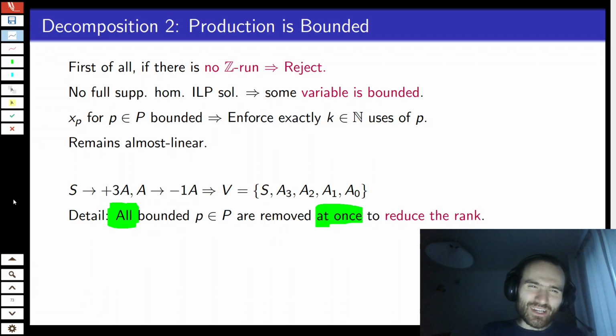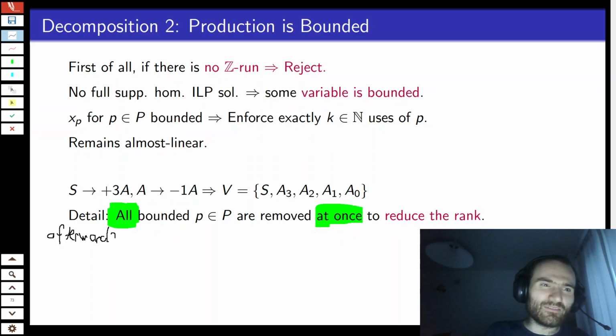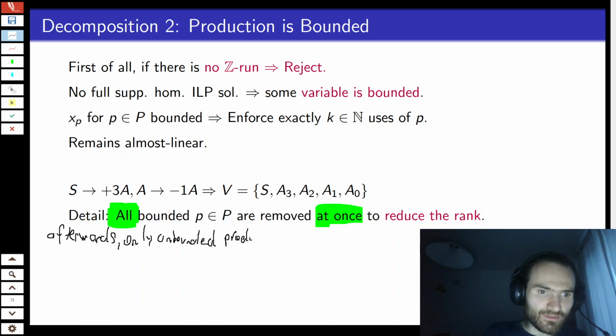And just to give you a quick intuition why this works: afterwards only unbounded productions remain, and unbounded productions kind of correspond to unbounded effects.